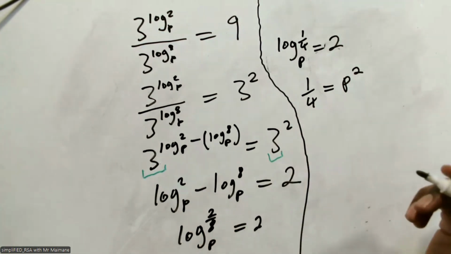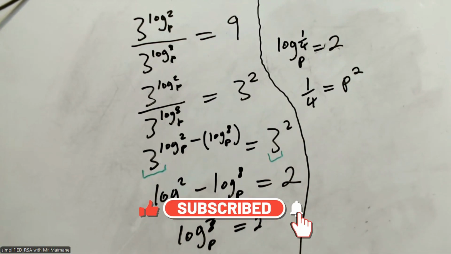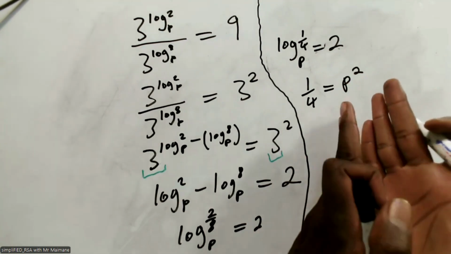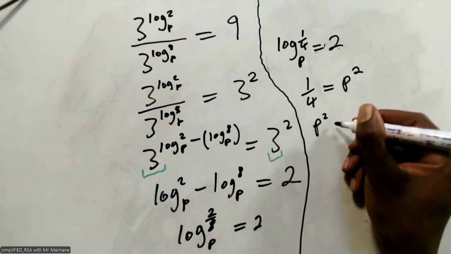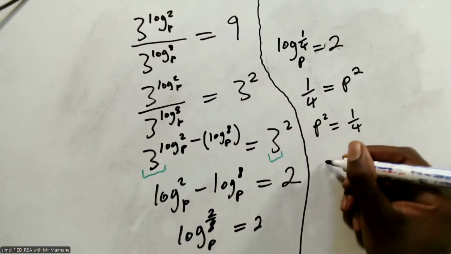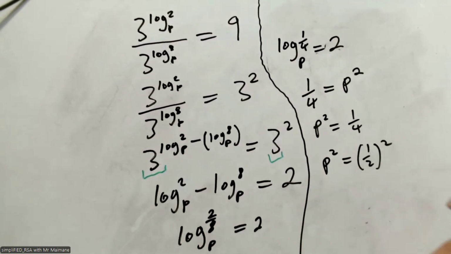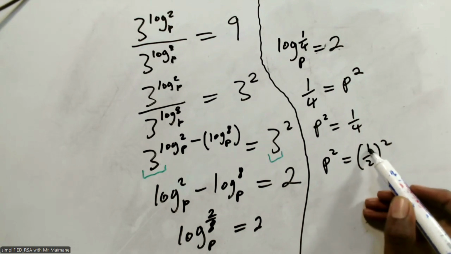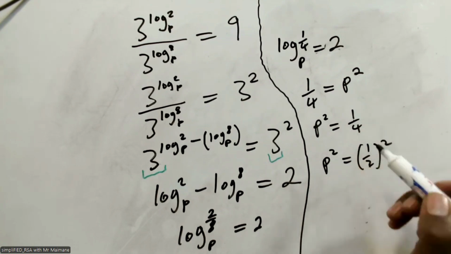Normally I prefer to work with the variable on the right hand side. So if I write this as p squared is equal to 1 over 4, it means I can write this as p squared is equal to 1 over 2 squared, because 1 squared is 1, 2 squared is 4, which is the same as 1 over 4.